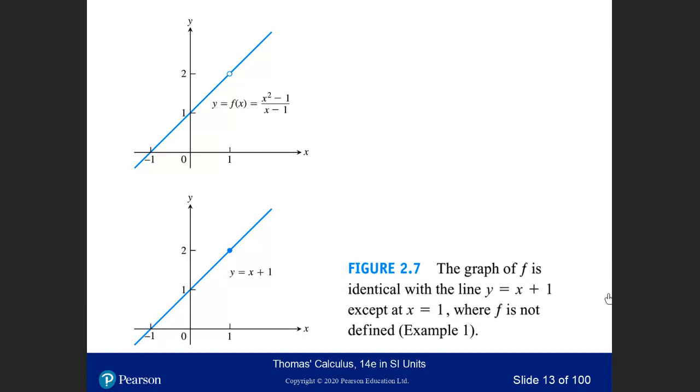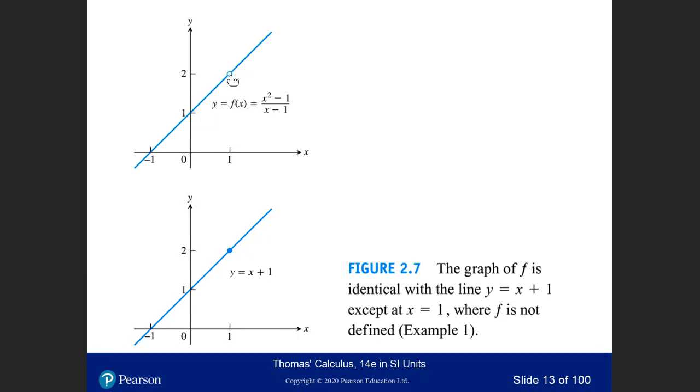Let's look at these functions. Y is equal to f of x, which is x squared minus 1 divided by x minus 1. This function is not defined at x equal to 1. As you can see, right above 1, we put an open dot here.